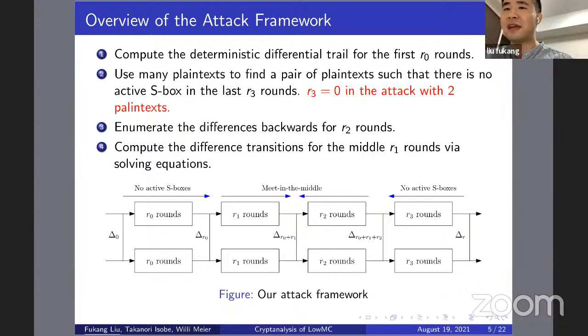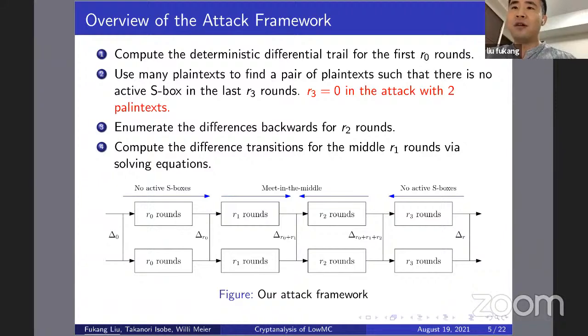Of course, in our attack with 2 plaintexts, R3 equals 0. As the third step, we compute the difference of the ciphertexts and compute the differences backwards for R2 rounds. As the last step, we compute the difference transitions for the middle R1 rounds while solving equations.